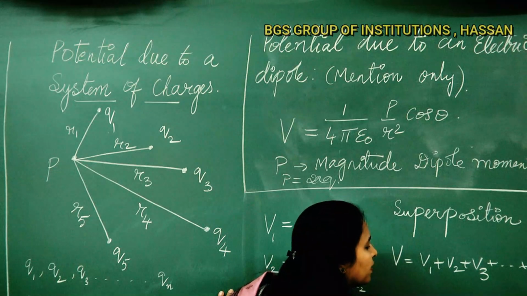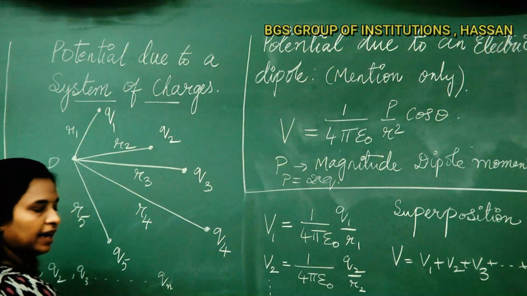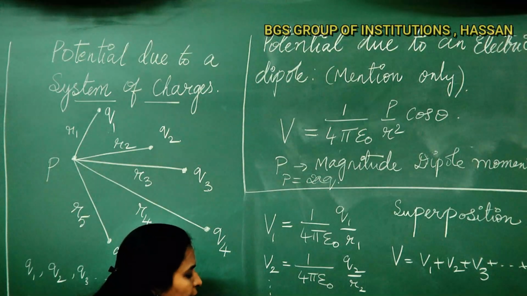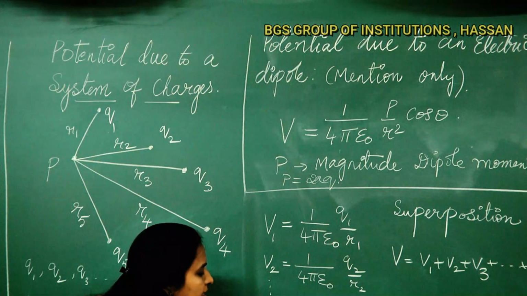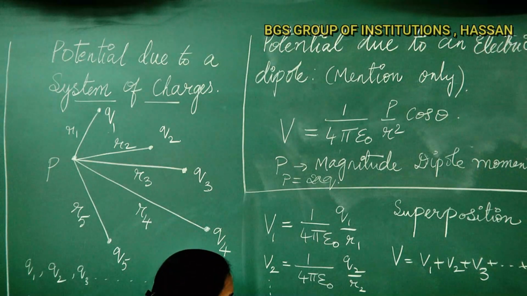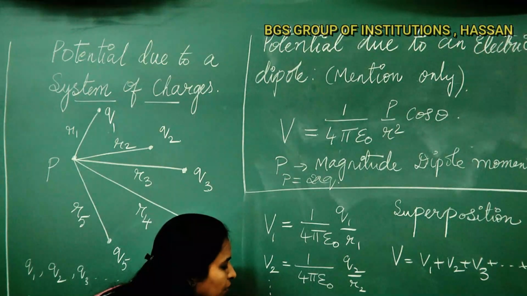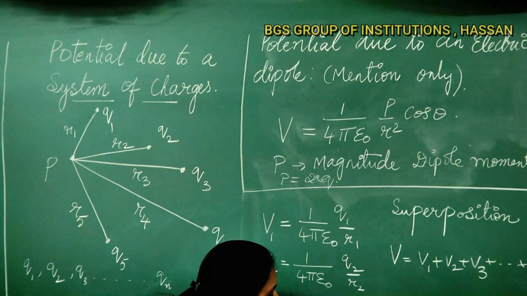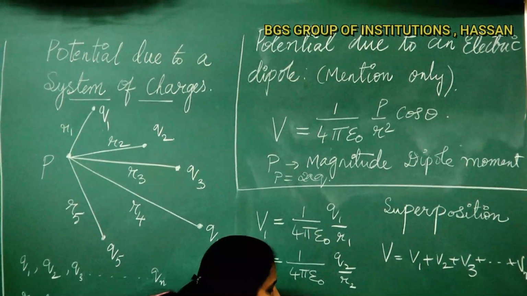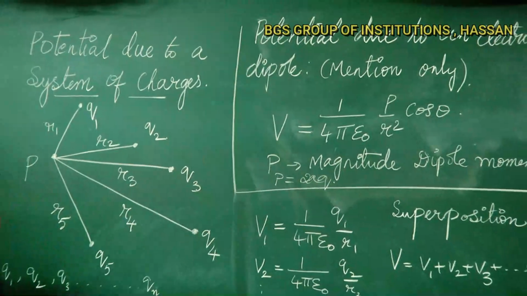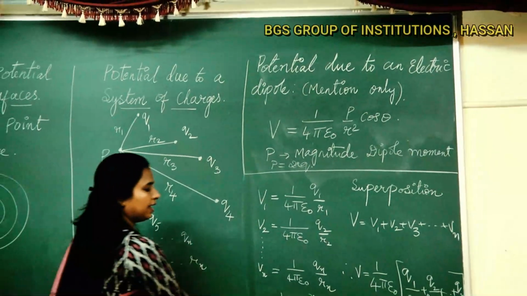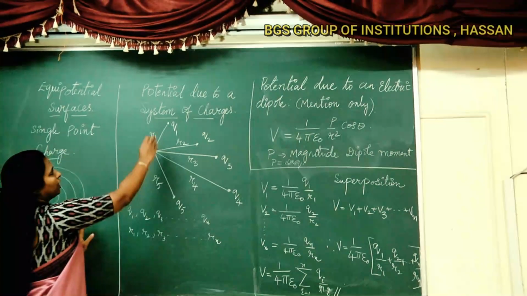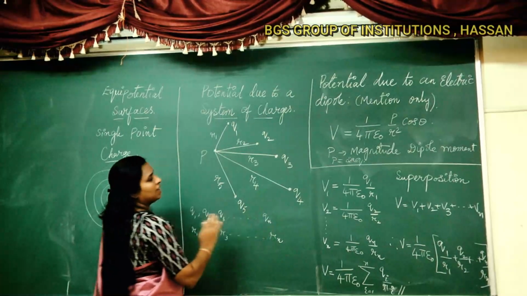In general, we can write V is equal to 1 by 4 pi epsilon naught, summation over i from 1 to n, qi by ri, where i takes the values from 1 to n. So this is about the potential due to a system of charges.